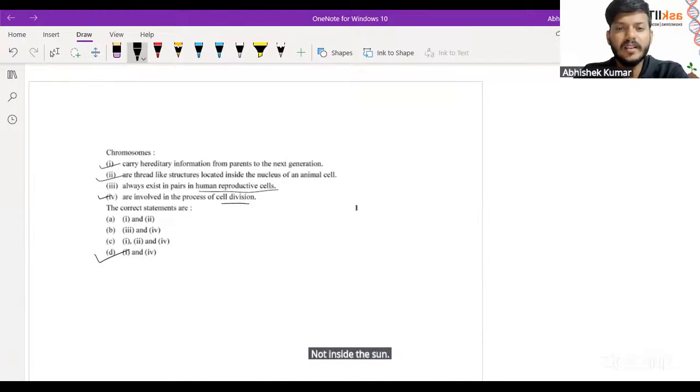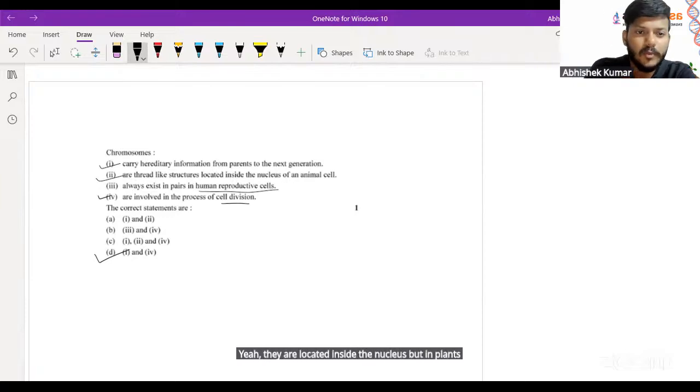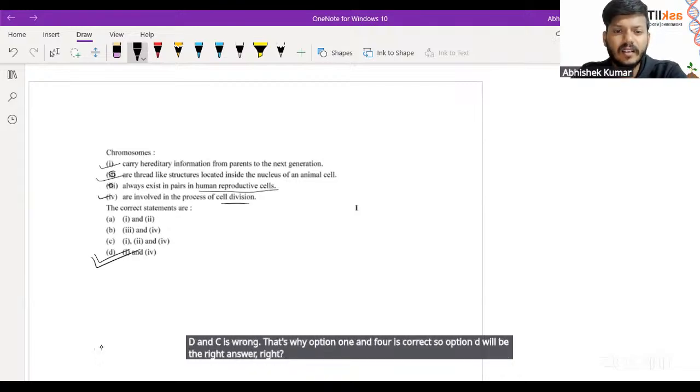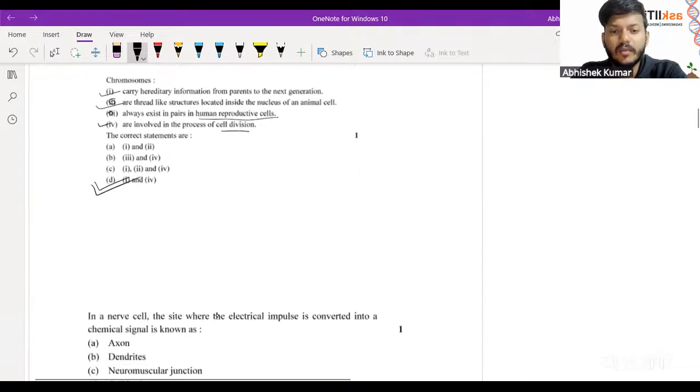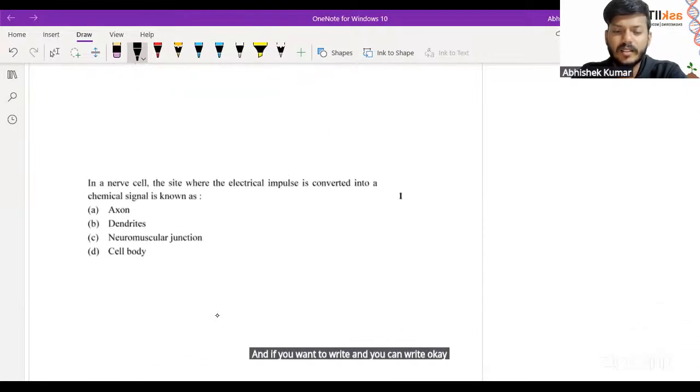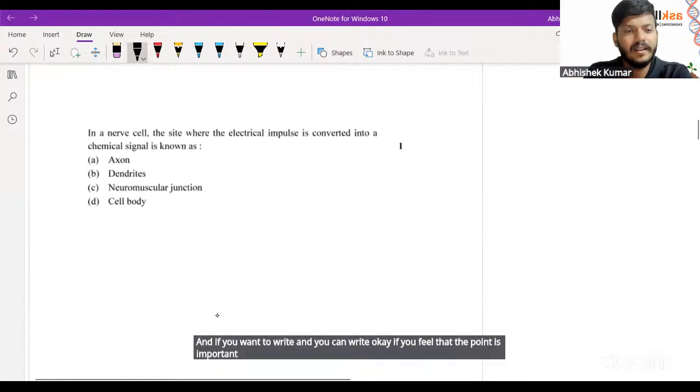They are located inside the nucleus, but in plants also. That's why options B and C are wrong, and options 1 and 4 are correct. So option D will be the right answer. If you feel the point is important, you can write it down, or I will tell you to write it.